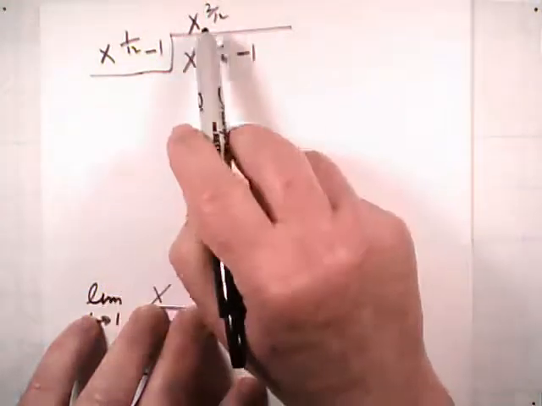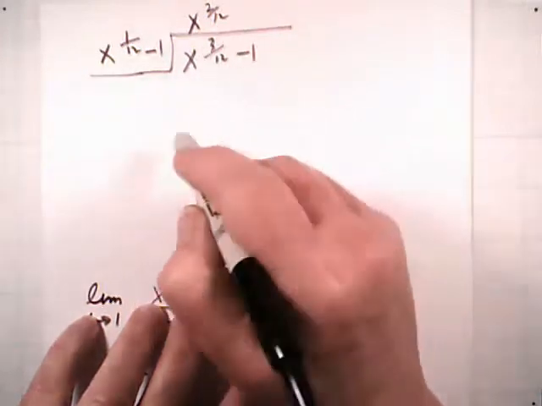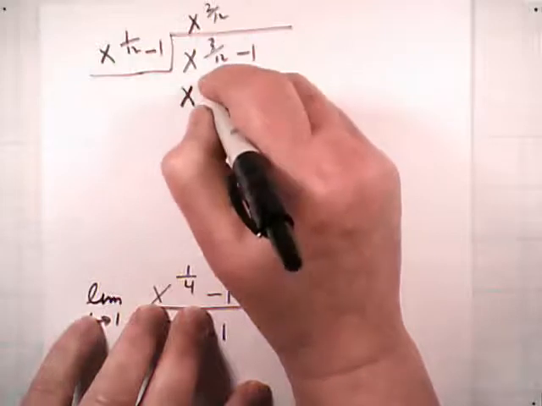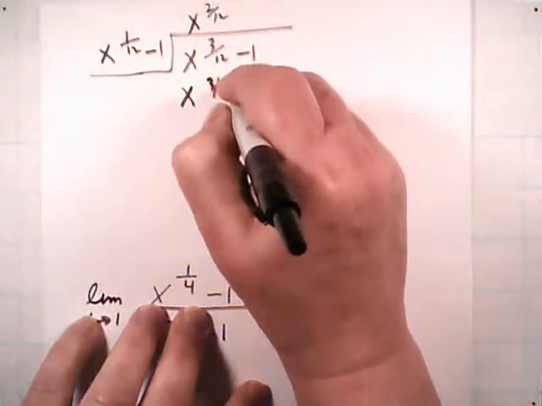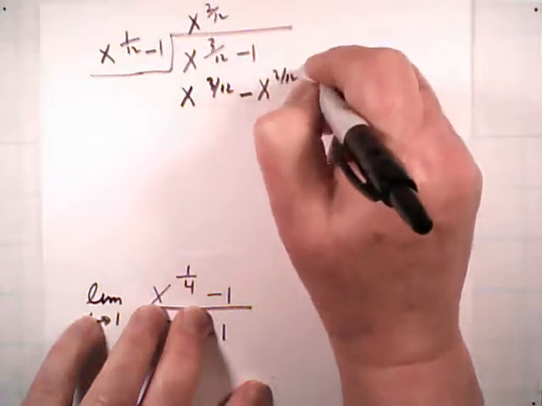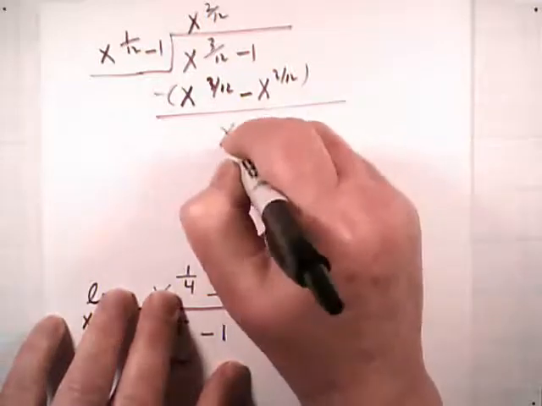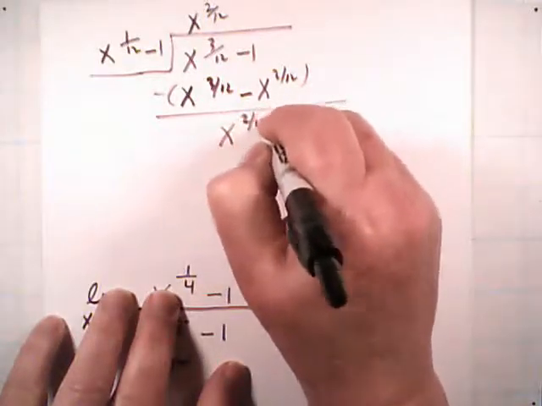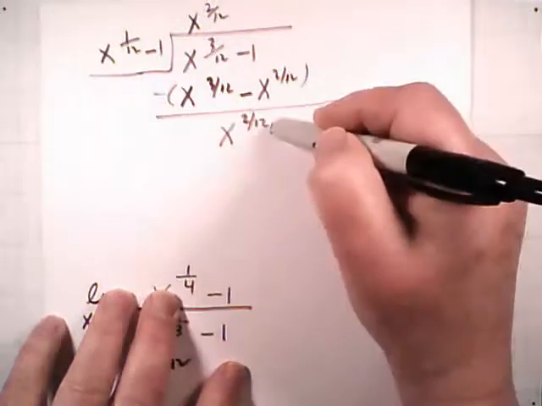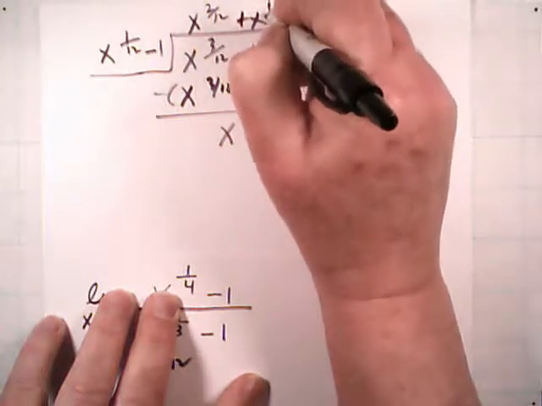Why is that? Well, because x to the 2/12 times x to the 1/12, adding exponents, you get x to the 3/12. So multiplying x to the 2/12 times x to the 1/12 to get x to the 3/12 minus x to the 2/12. Subtracting, that drops out to 0, and you get x to the 2/12 minus 1. x to the 1/12 goes into x to the 2/12 x to the 1/12 times.